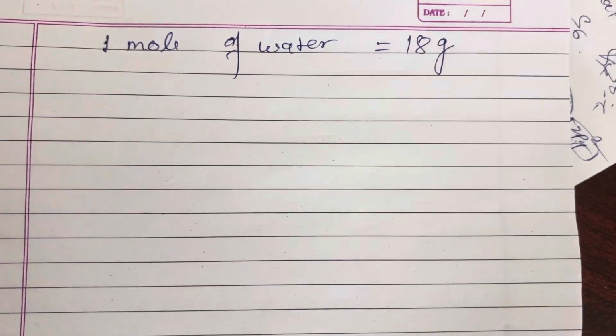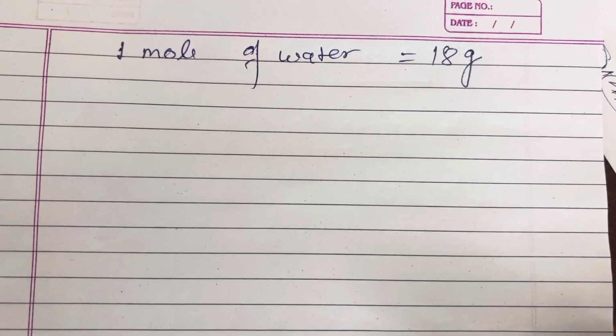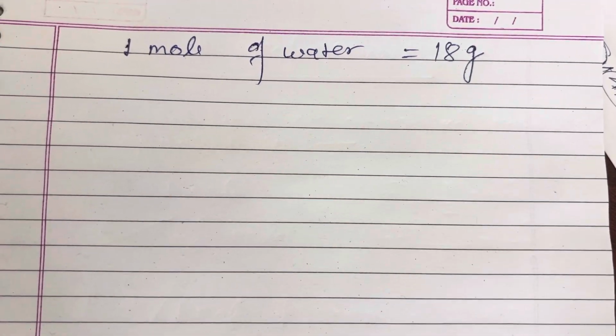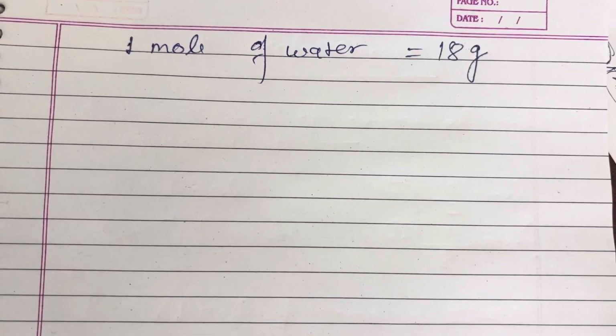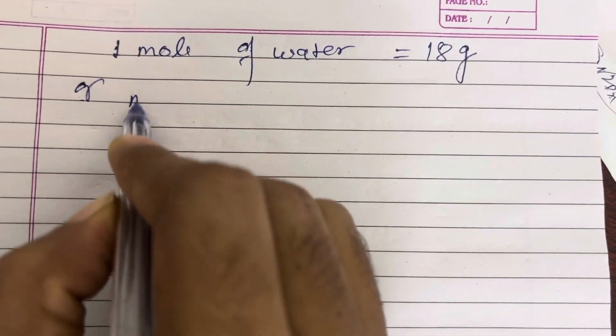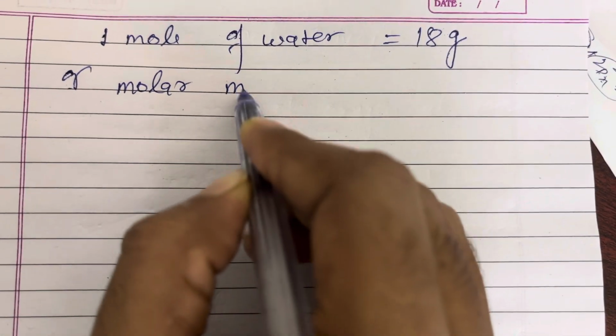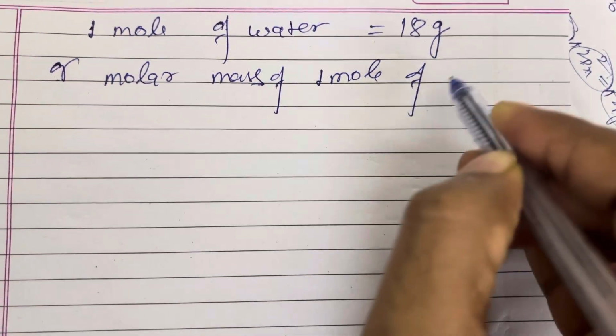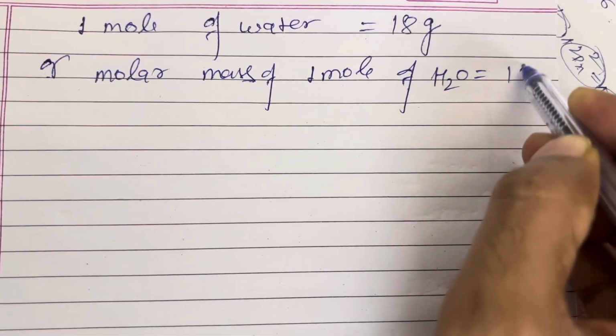Why? 1 mole of anything will be equal to its atomic mass if it is an atom, and if it is a molecule, it will be equal to the molecular mass. Or you can say that the molar mass of 1 mole of H2O is equal to 18 gram.